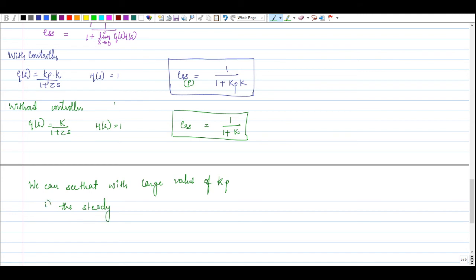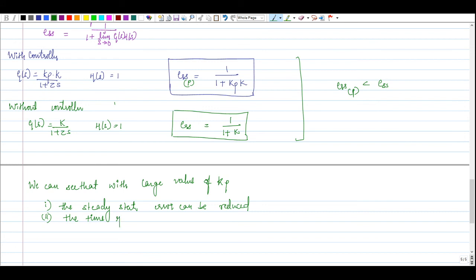ESS of P is less if compared to ESS. So if you want a very small steady state error, then we can go for a large value of Kp. Similarly, as we've seen in the previous slide, the time response can be improved.